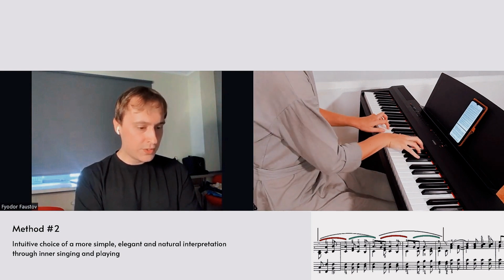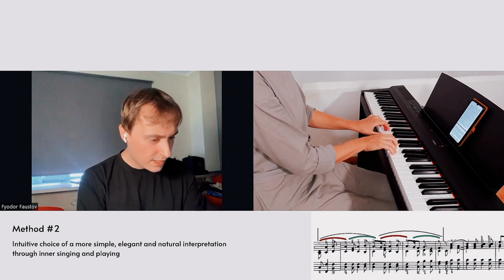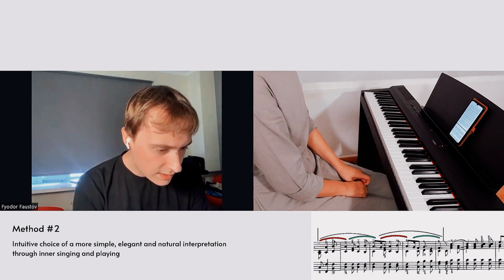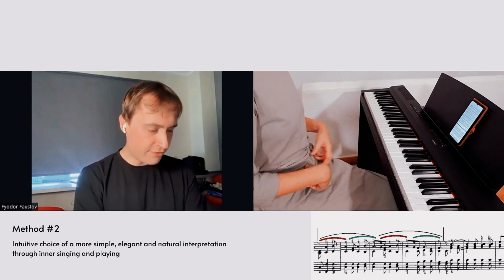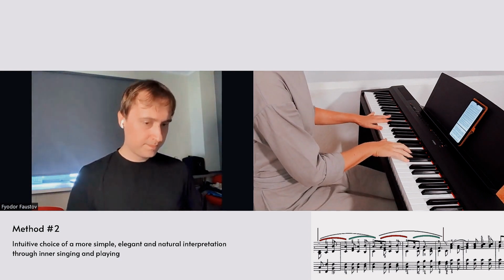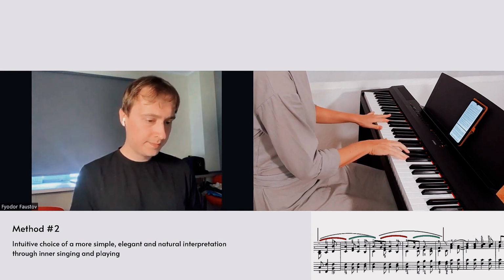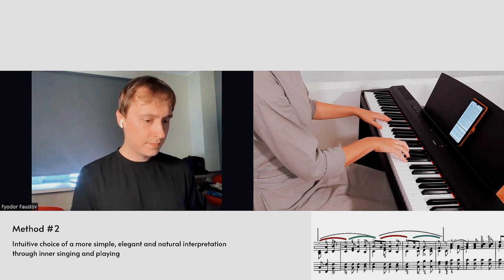Okay, now we go to choosing the main phrase. Main phrase, yeah. Let's play both ways, okay? So first I'm going to do the first one, and then the second. In the tempo.